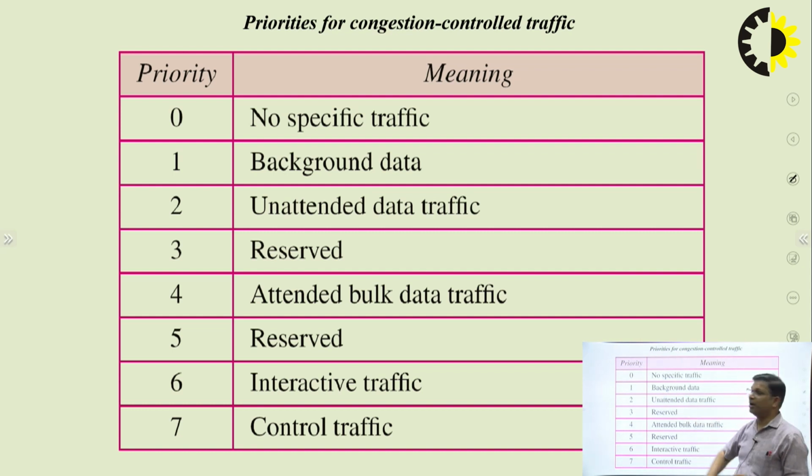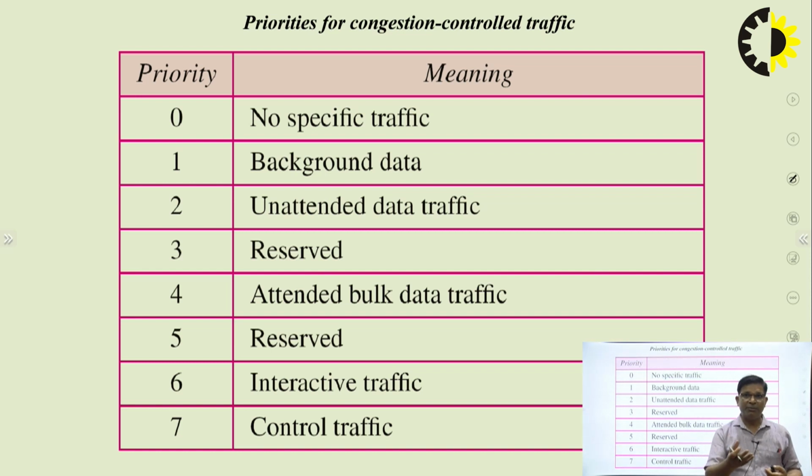We are transferring the data. One is background data. When we are delivering the data as background data, what is background data? You can understand it this way. For example, if I am speaking and you are listening to my voice, but along with my voice there is some background noise, like a fan sound. So this is a background voice.